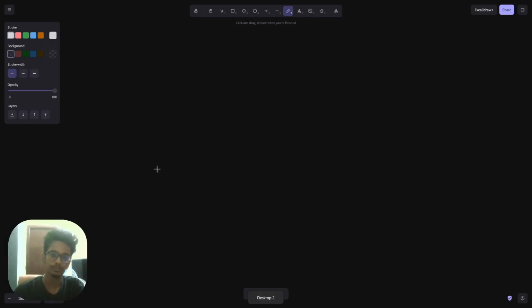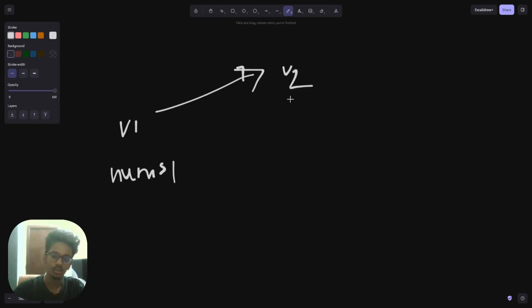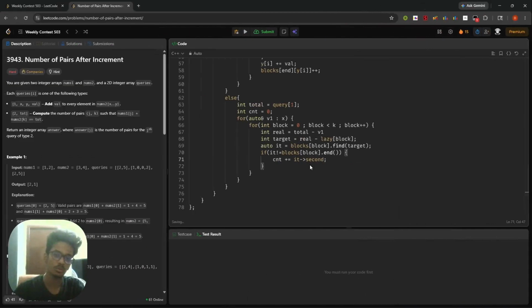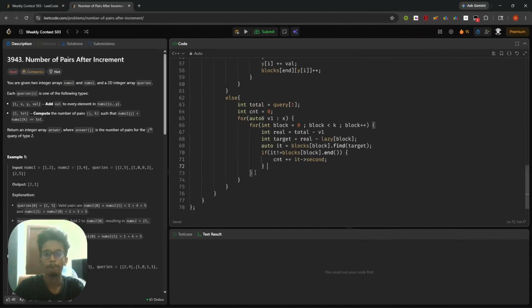So if v1 from nums1 can pair with v2 in nums2, and v2 appears 3 times, so this v1 can pair with this v2, this v2, this v2. That means there are 3 pairs. So that's why we are adding this count here.